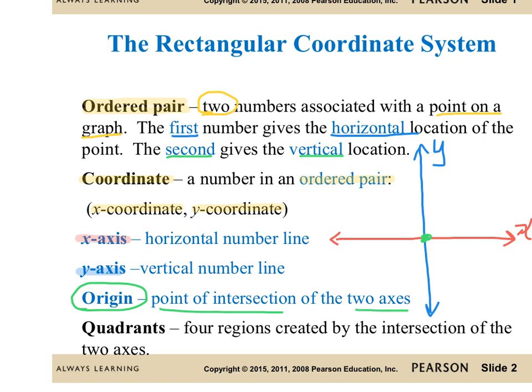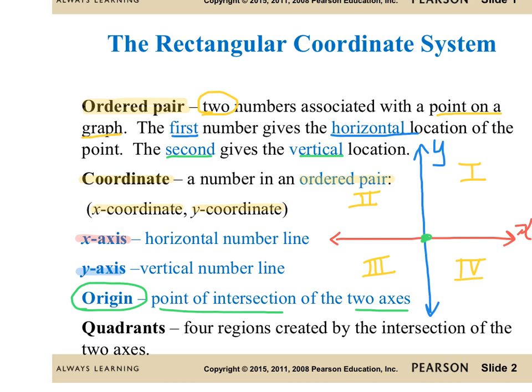We also talk about the quadrants, and that's the four regions created by the intersection of the two axes. This is quadrant 1, this is quadrant 2, this is quadrant 3, and this is quadrant 4, and they're usually denoted by Roman numerals.